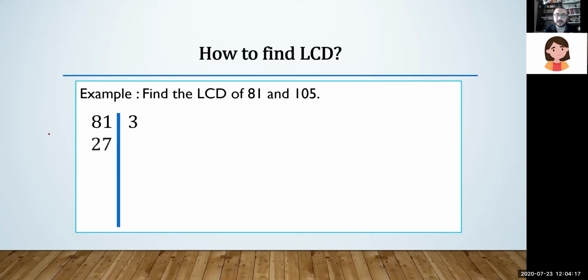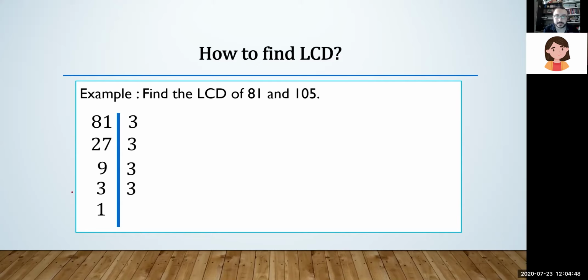So divided by 3, I obtain 27. 27, again, divided by 3, I obtain 9, because 9 times 3 equals 27. And 9 I can also divide by 3. 9 divided by 3 is 3. And 3 divided by 3 is 1. This is for 81. Okay?